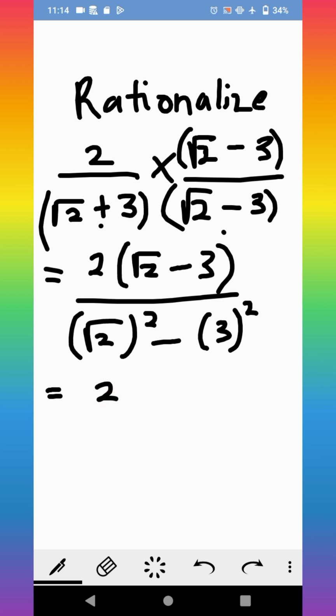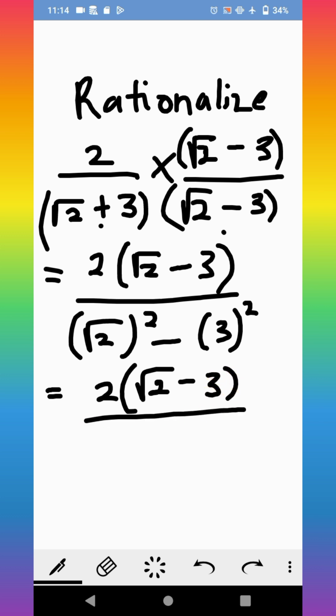So we have 2 open bracket root 2 minus 3 all over root 2 all squared is root 4, and root 4 is 2. So we have 2 minus 3 raised to the power 2 is 9.